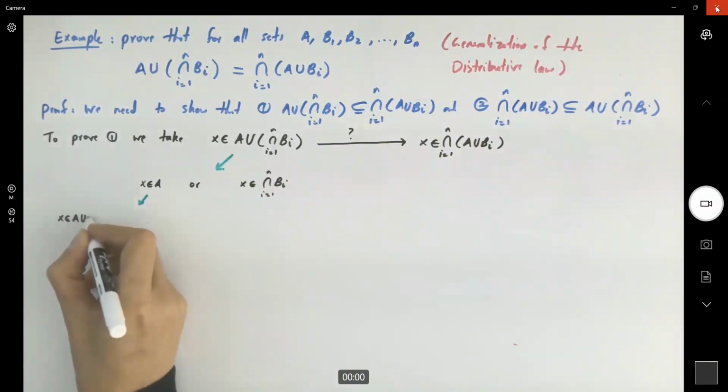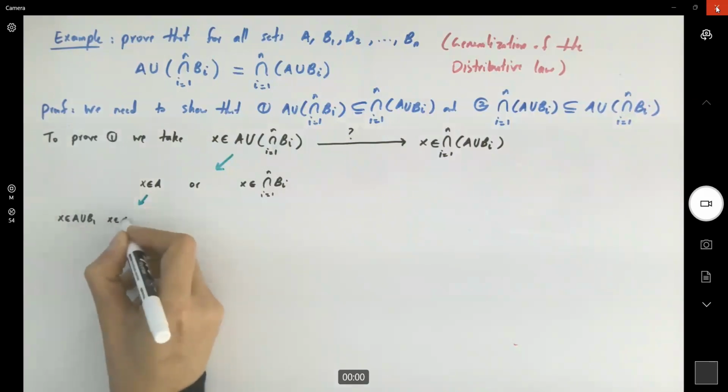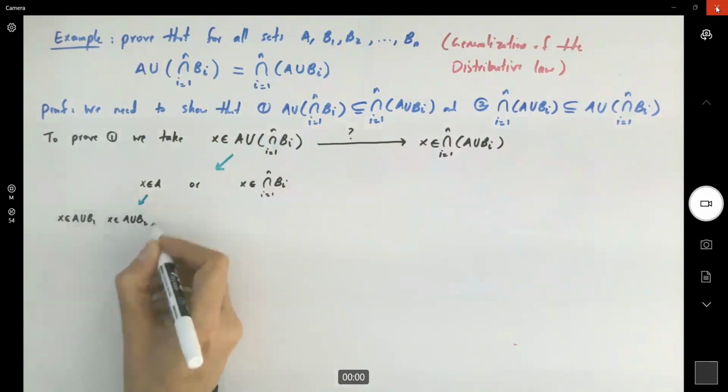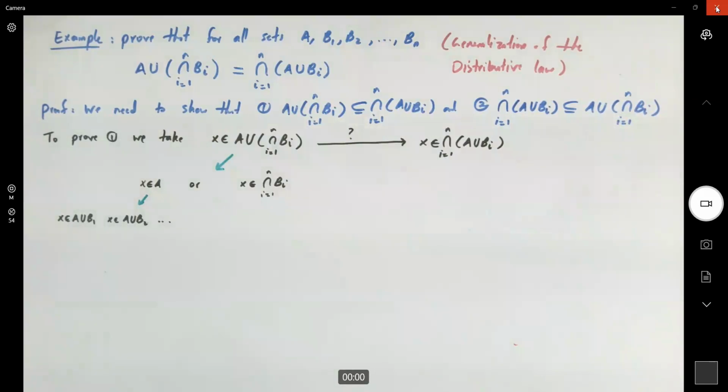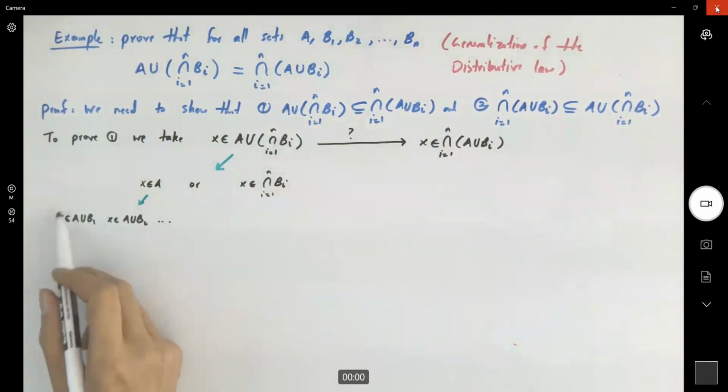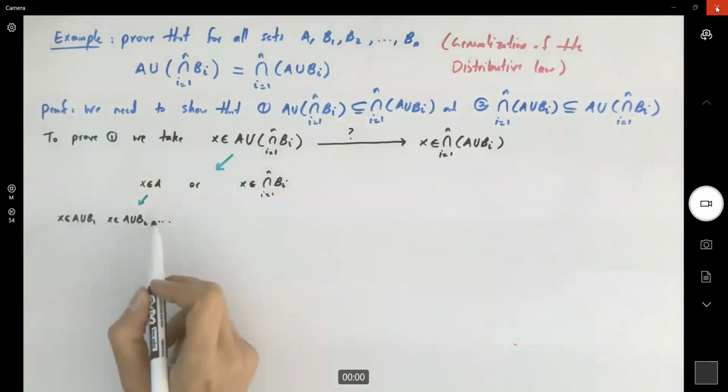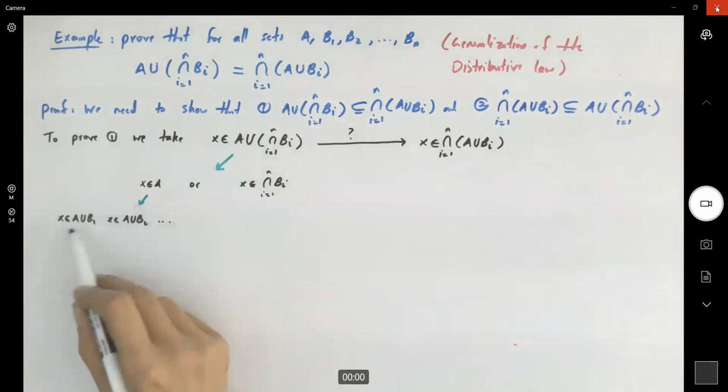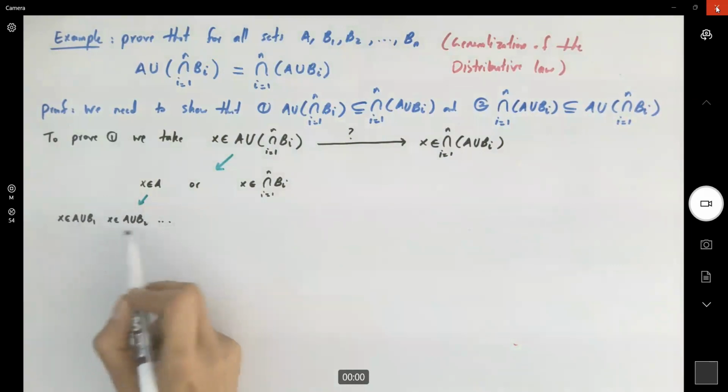So x belongs to A union B1, x belongs to A union B2. We can continue this process. x belongs to A union with any set. Okay, so what's the meaning of that? x belongs to the first set and x belongs to the second set because of A. A is common in all of them.